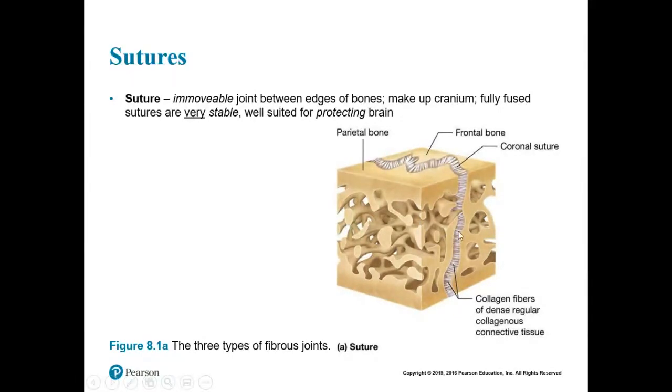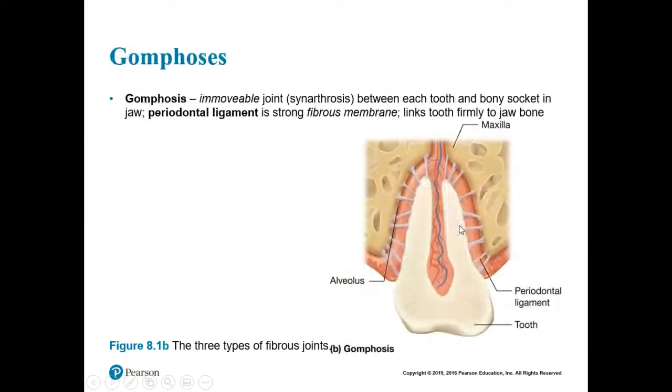That's what sutures are for. So they're immovable joints that fall under the fibrous joint category. Again, what type of tissue was this? This is dense regular collagenous tissue.